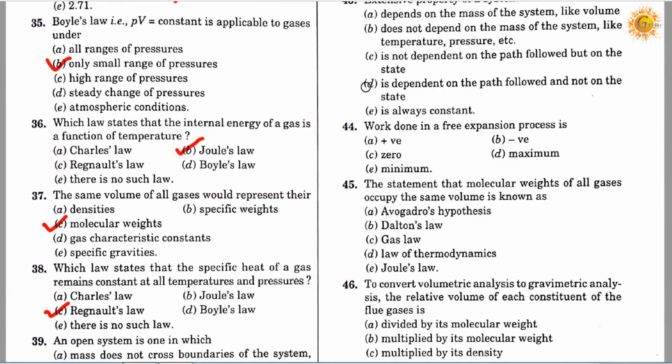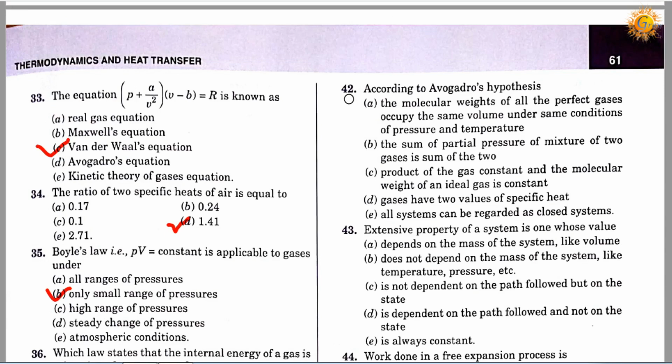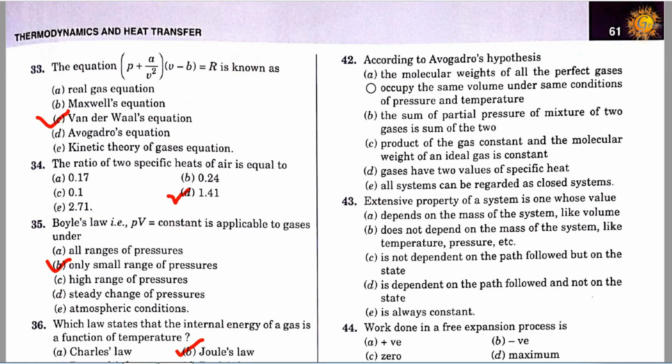Question number 42. According to Avogadro's hypothesis, option A, the molecular weights of all the perfect gases occupy the same volume under same condition of pressure and temperature. Option B, the sum of partial pressure of mixture of two gases is sum of the two.